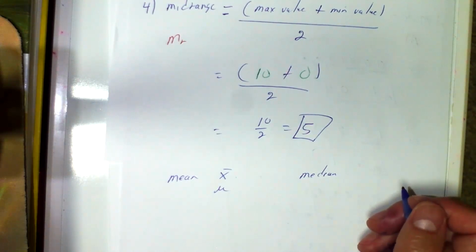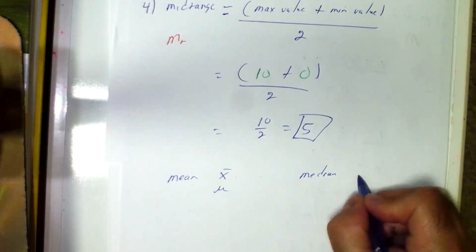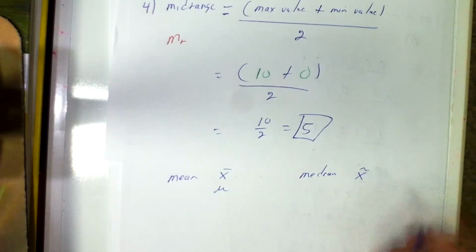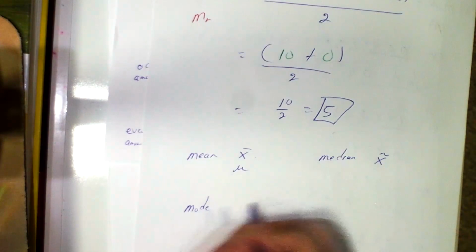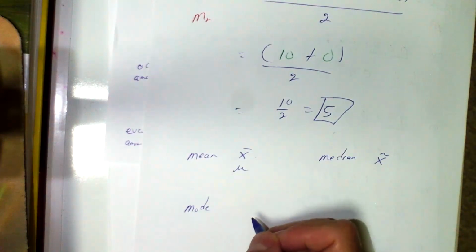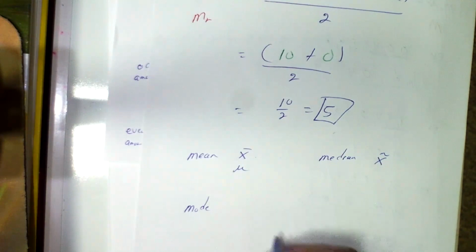If you have an odd amount, it's the direct middle. If it's even, you're going to take the average of the two middle numbers. Symbol, X tilde. Mode is the number or numbers that appear more often than the others on the list. Symbol is a capital M.